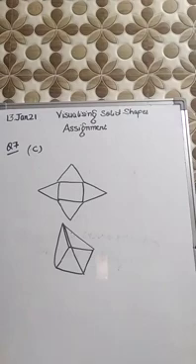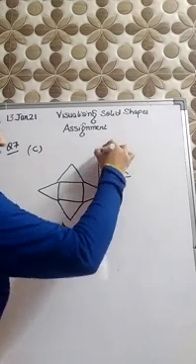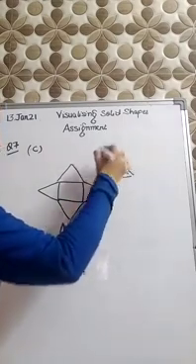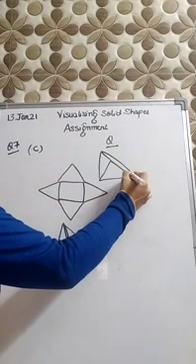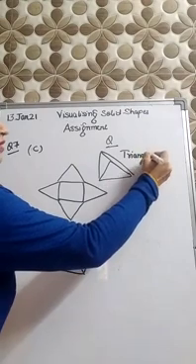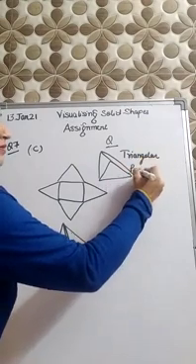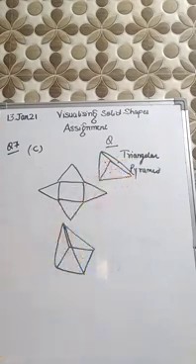Planes means faces. Least number of faces that we need are 4. And name the solid. So the name of the solid is your triangular pyramid. If you take all the faces as equilateral triangle, then the name will become tetrahedron.